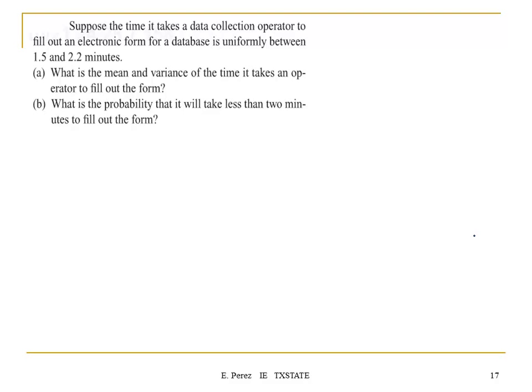So the first part should be really easy, right? It's just using the mean and the variance formulas for the uniform. So for A, we have mu. Remember, the mean is equal to the expectation. So this is equal to 1.5 plus 2.2 divided by 2.